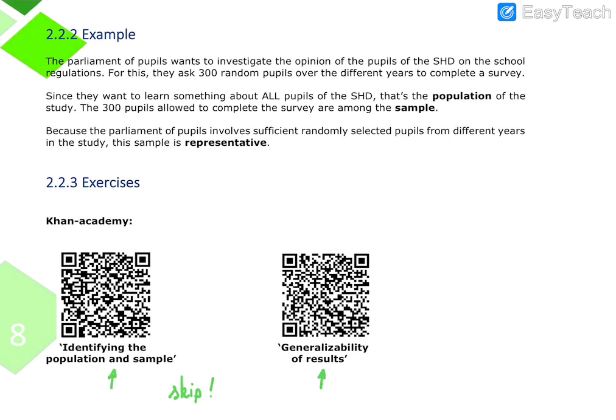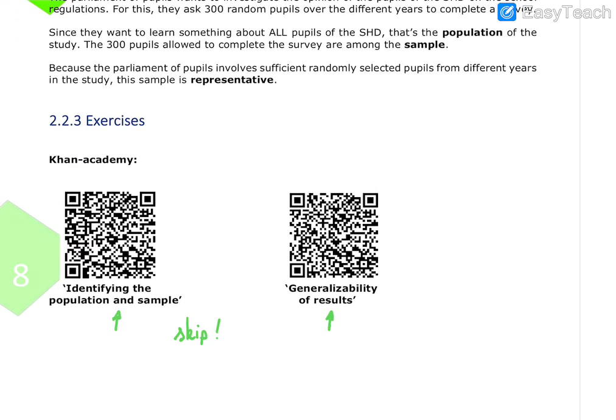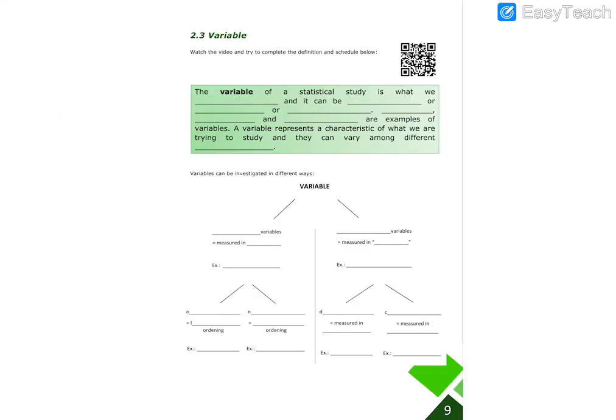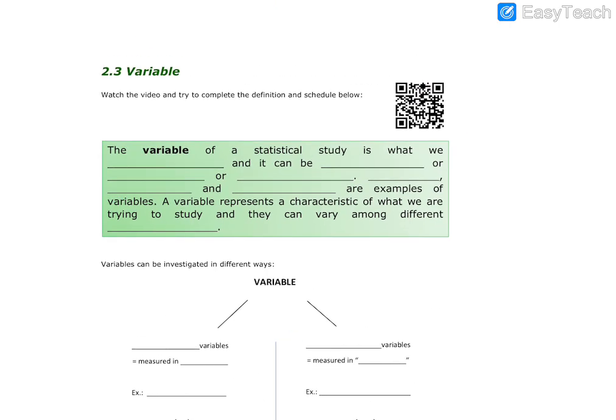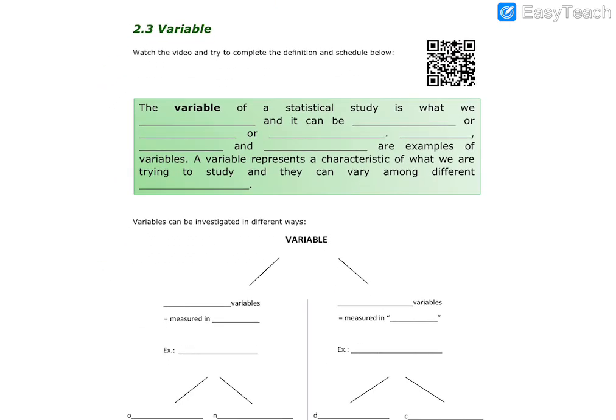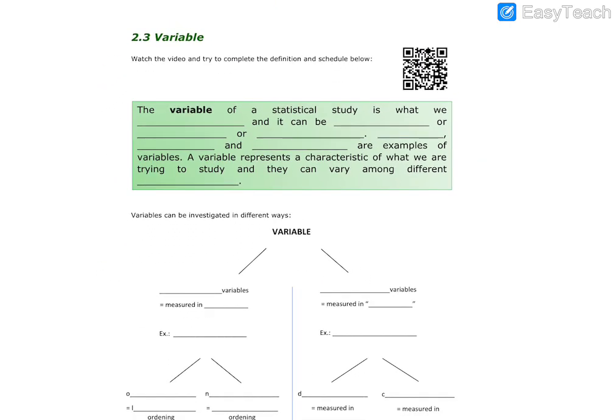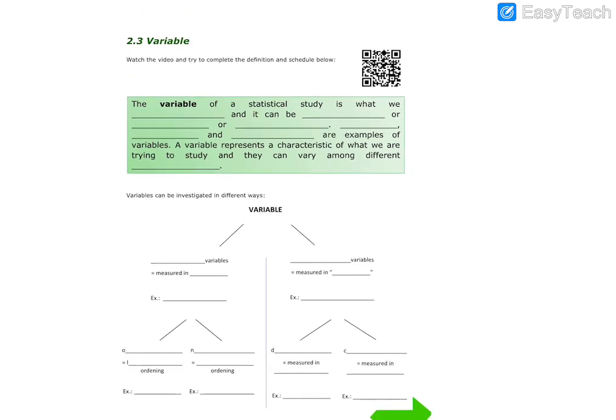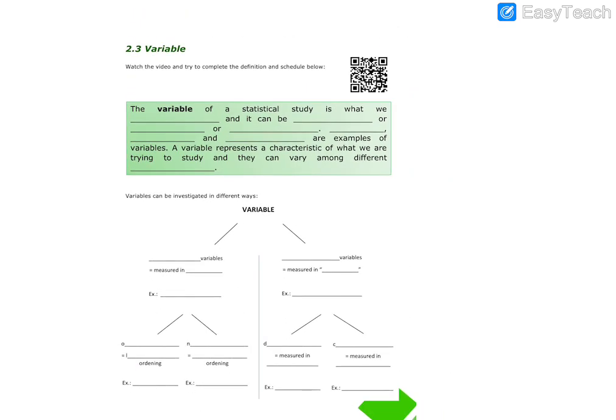But today, I want you to take a look at the next page. You're going to scan this QR code, and then you're going to try and add everything on this page. So not only the definition, but also here, this.